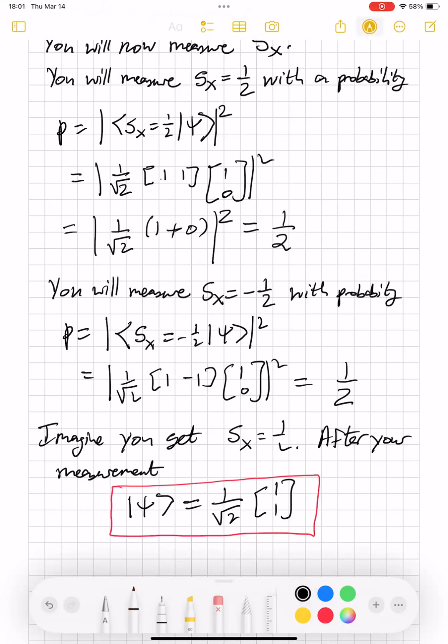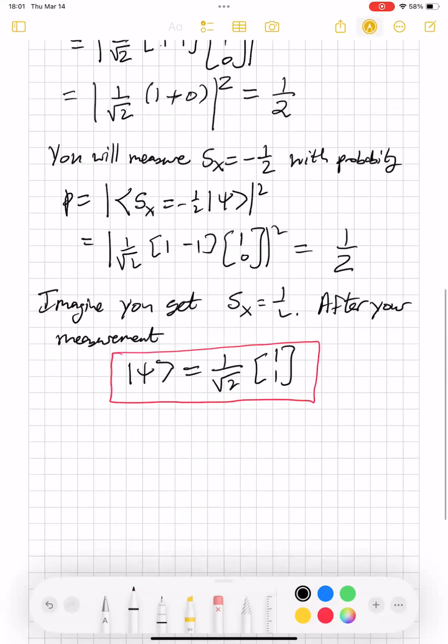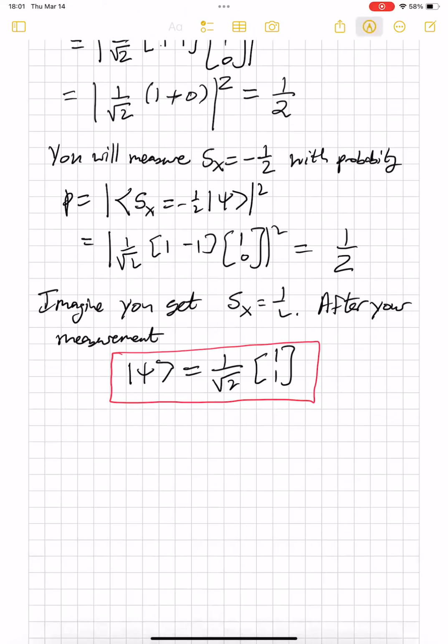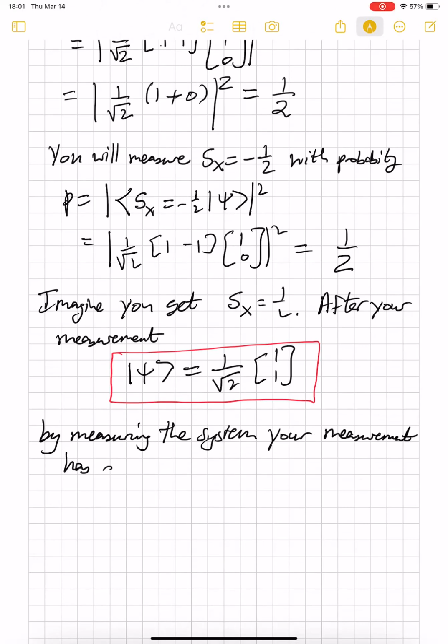So what this means, and this is the important conclusion, is that by measuring the system, your measurement has disturbed the state I prepared.